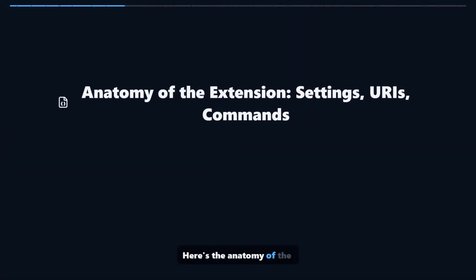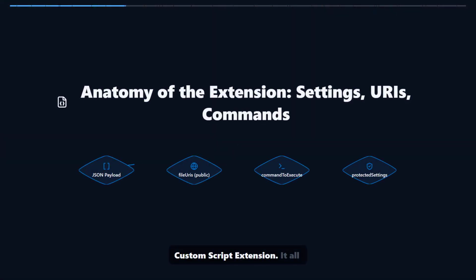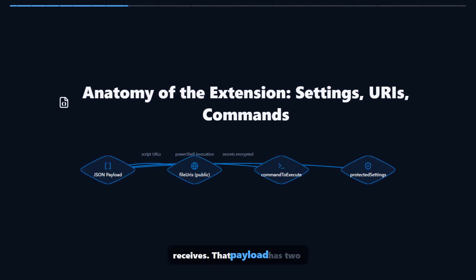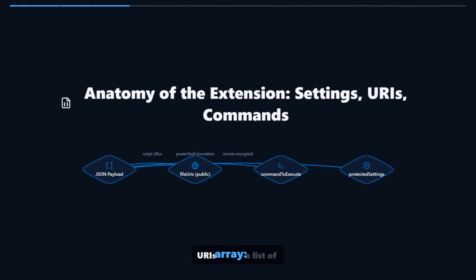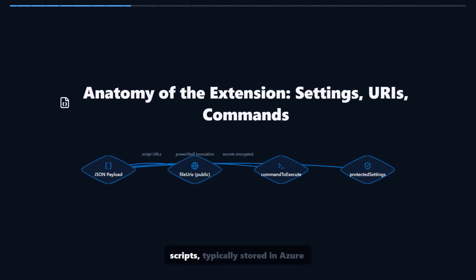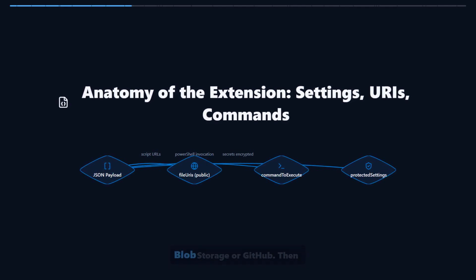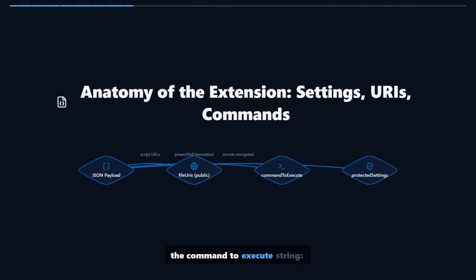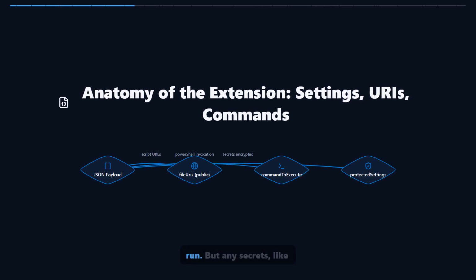Here's the anatomy of the custom script extension. It all starts with a simple JSON payload that the VM agent receives. That payload has two main sections. The public fileUris array, a list of URLs pointing to your PowerShell scripts, typically stored in Azure Blob Storage or GitHub. Then the commandToExecute string, the exact PowerShell invocation to run.